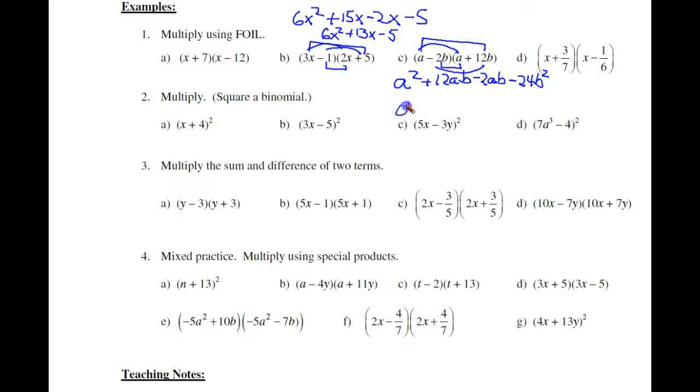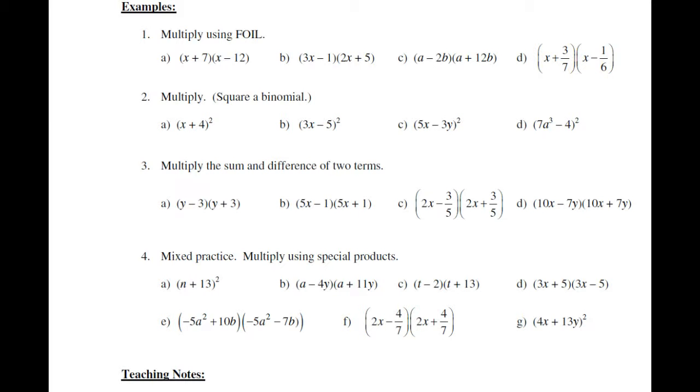Like terms? And we have multiplied this binomial using the FOIL, a series of steps to get to your answer.